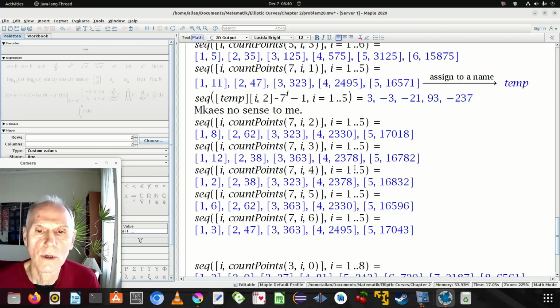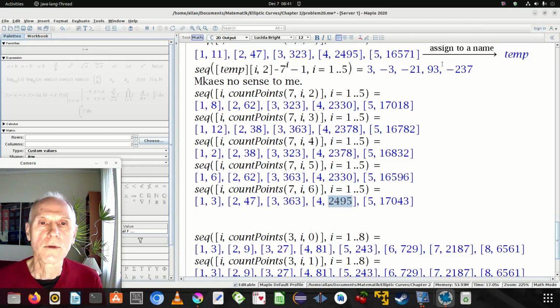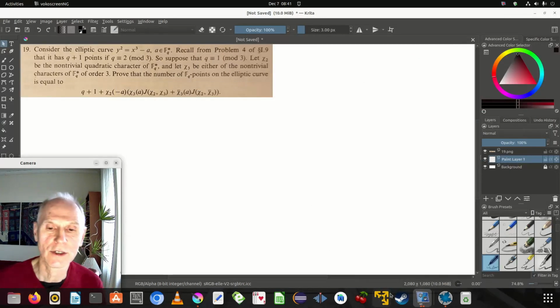No, not all. These two seem to agree, 3 and 4, and 2 and 5 agree. So I believe 1 would agree with 6 as well. Well, that's for a reality check later on. So I like to have such a guy to be able to test the results. But now let's start on this problem.